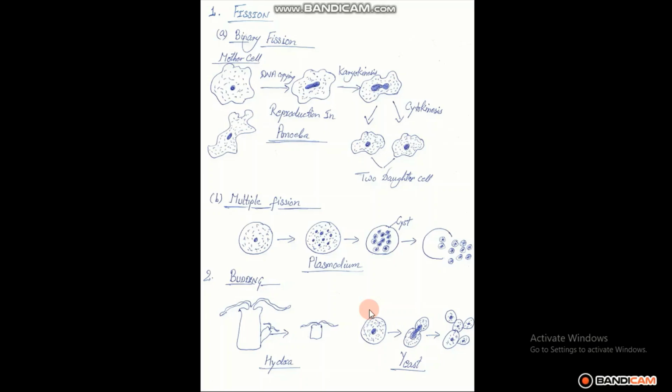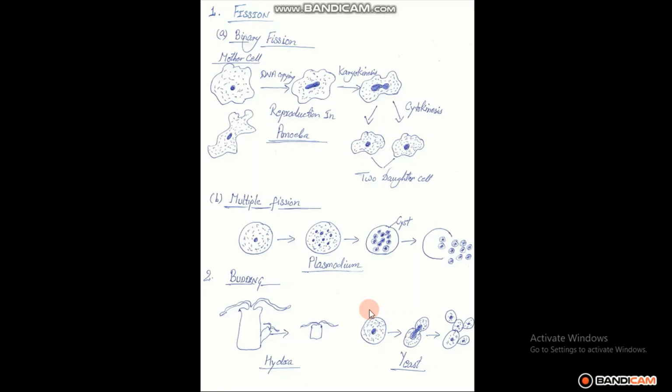So see, binary fission. I have taken one example of amoeba. Amoeba is the best example for binary fission. I have made this diagram for more clarity. See, this is the general diagram of amoeba.